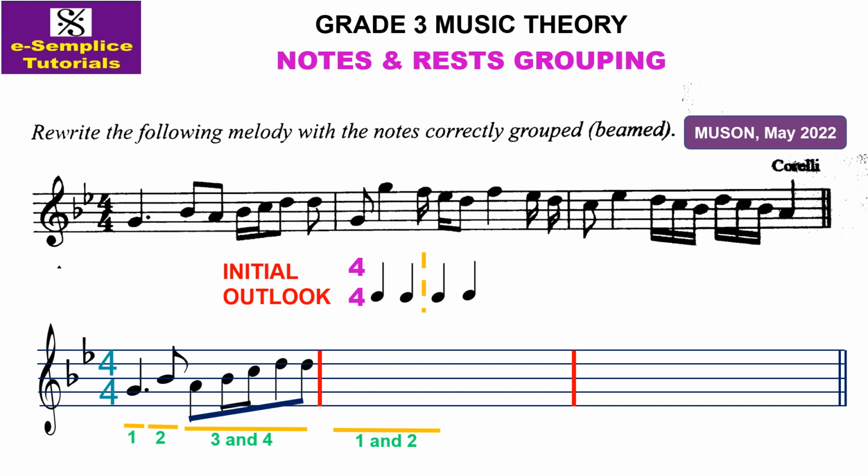The second note in this bar is a crotchet, so you cannot divide that. So it's better you consider beaming or grouping the notes using half of the bar. So beats 1 and 2 should be on this side of the bar.